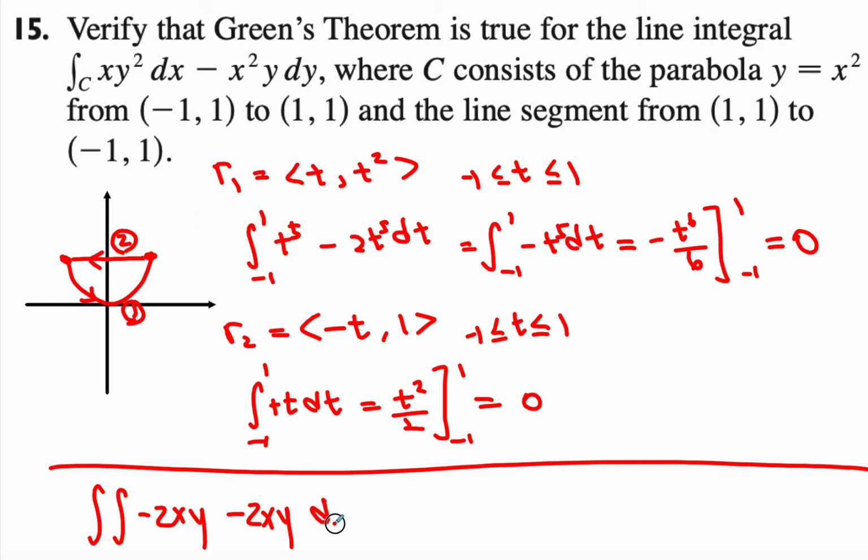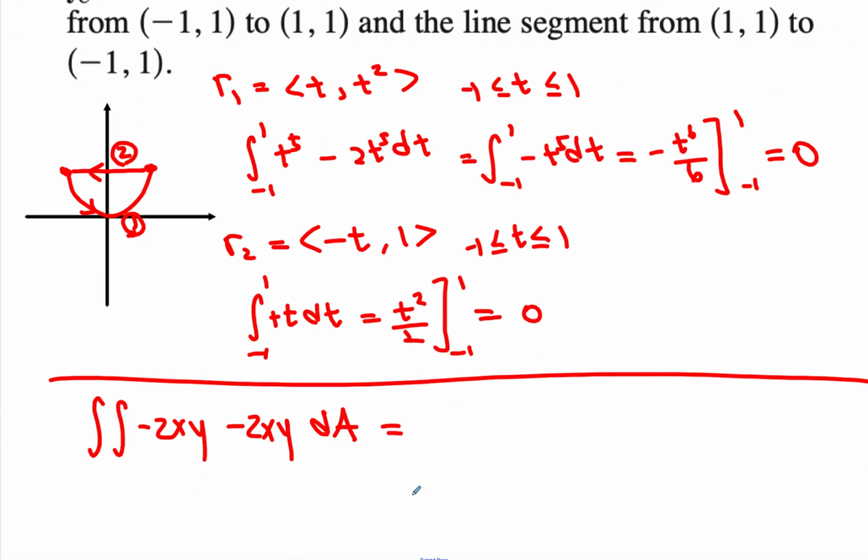And then dA now becomes -4xy, and then we can go for dy dx. Y top is equal to 1, bottom is equal to x squared.